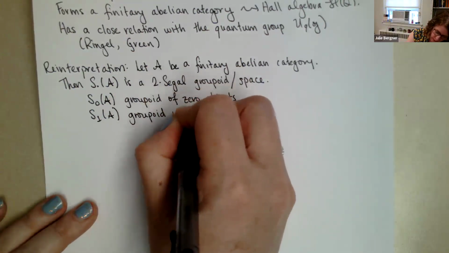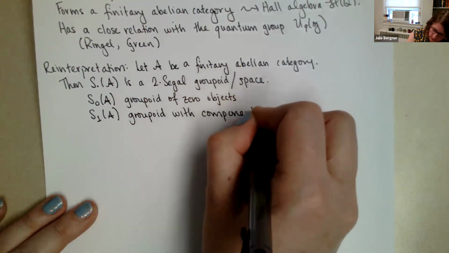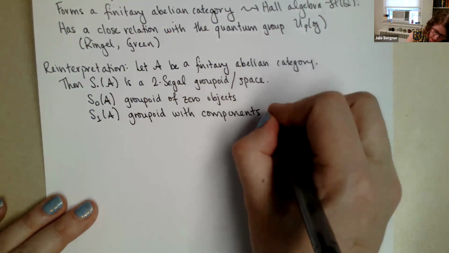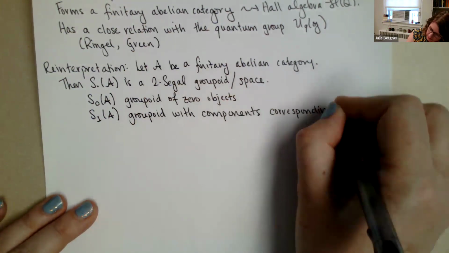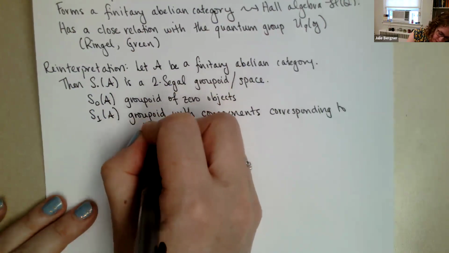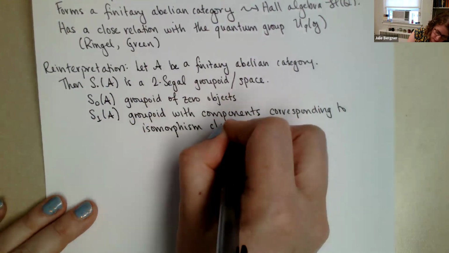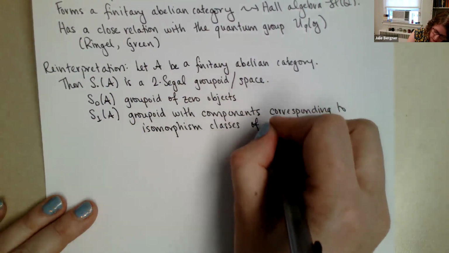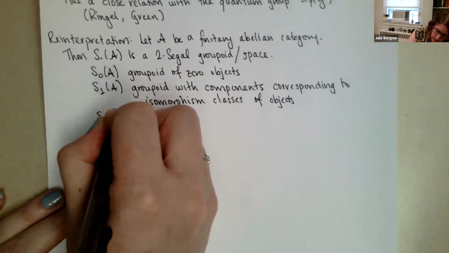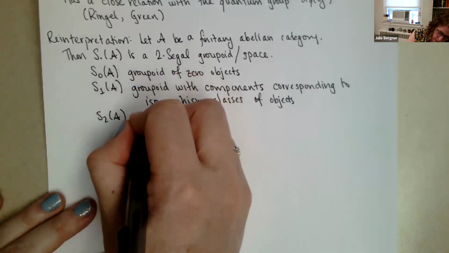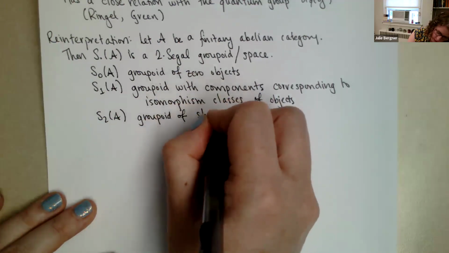So this is a groupoid whose connected components correspond to the isomorphism classes of objects. And then, again, as we talked about last time, S2 is going to be the groupoid of short exact sequences.